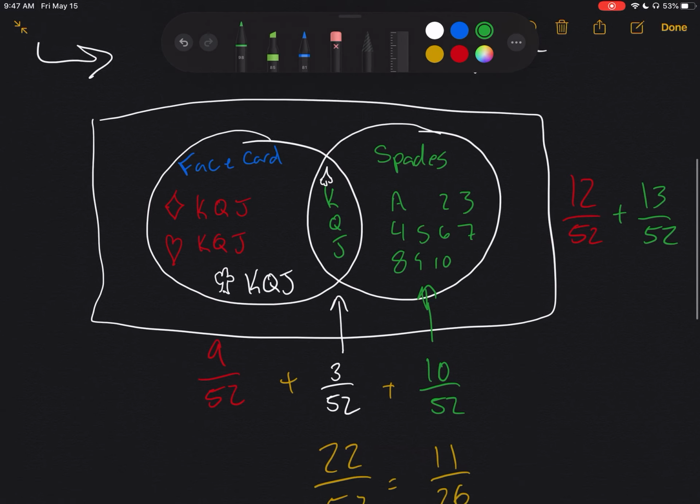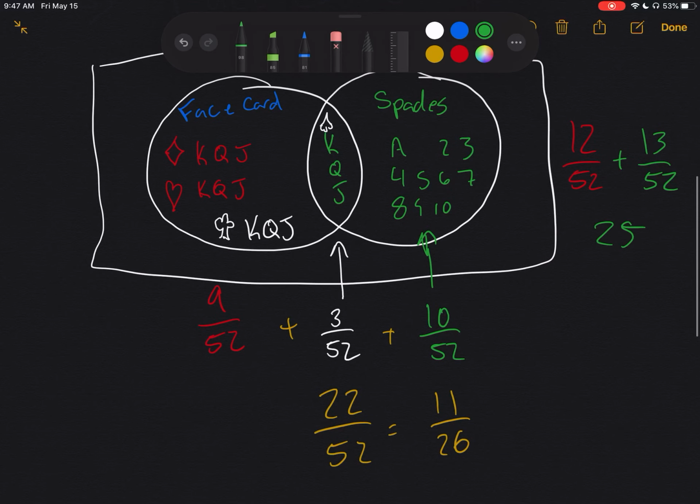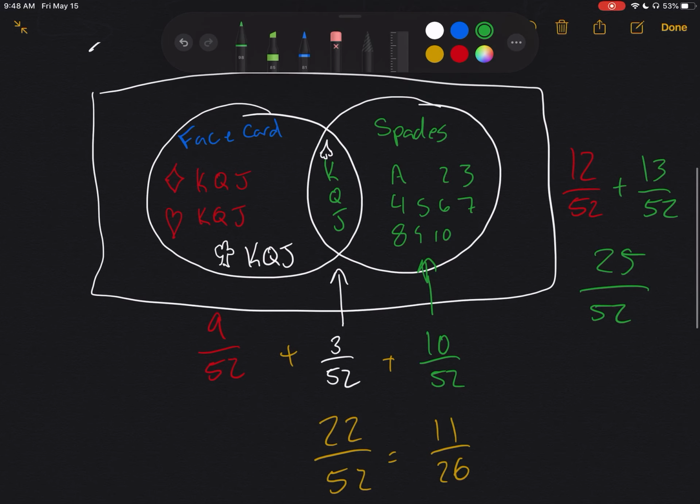And so if you go about it that way, you get 25 out of 52, right? Well, what happened is you double counted that king, the queen, and that jack. You counted them as spades, and you also counted them as face cards. So what the Venn diagram allows us to do is to take into account anything that might be double counted.